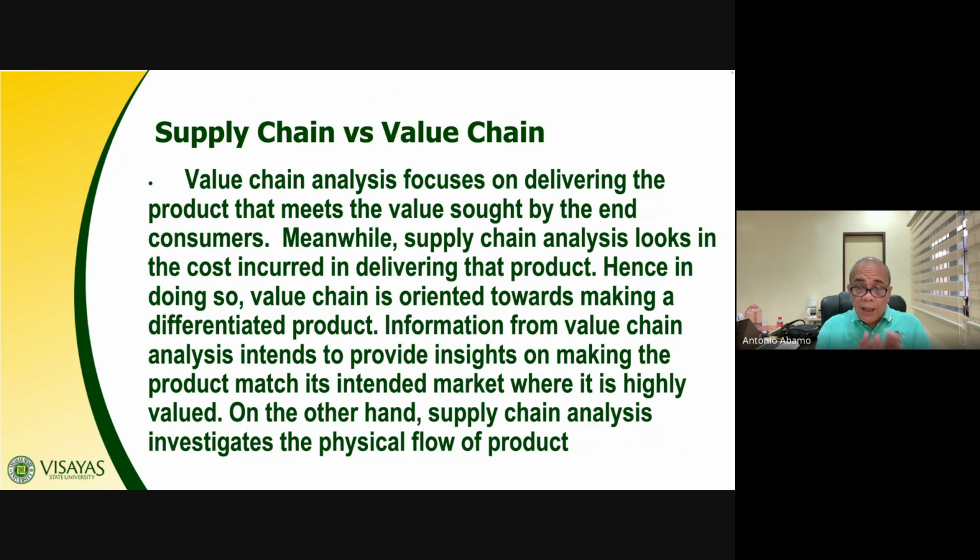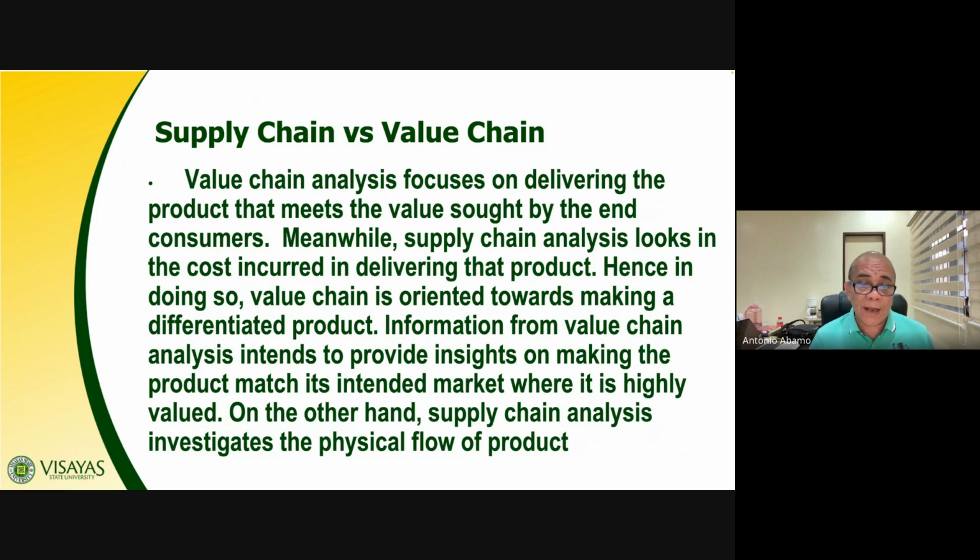In other words, as the product flows, for supply chain, you make sure there is no friction along the way for the flow of the product. While for a value chain, you make sure that what is flowing along the chain meets the requirements of the customer. So it's value chain that is more market driven, while supply chain is more efficiency driven. It's just concerned with the physical flow of goods.